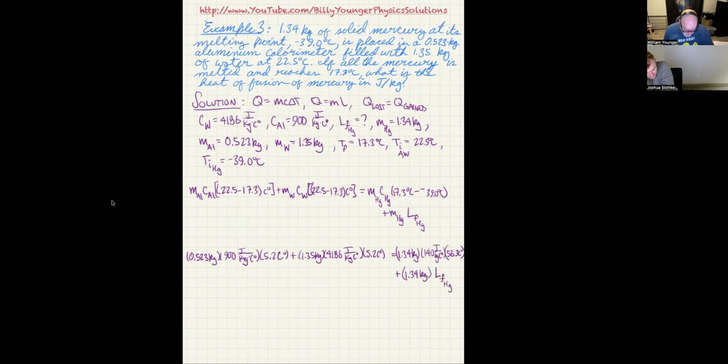So what I'm going to do is add the two terms on the right after multiplying them. So 0.523 times 900 times 5.2 gives me 2,448. So 2448 joules.